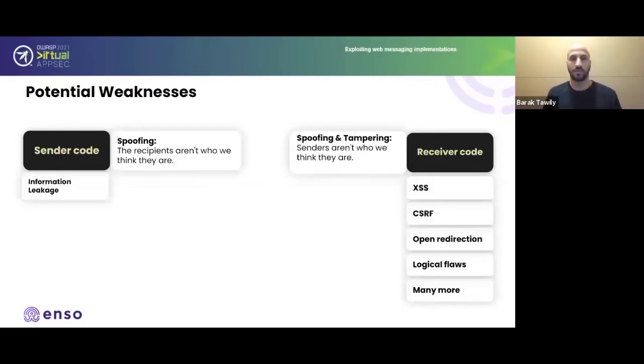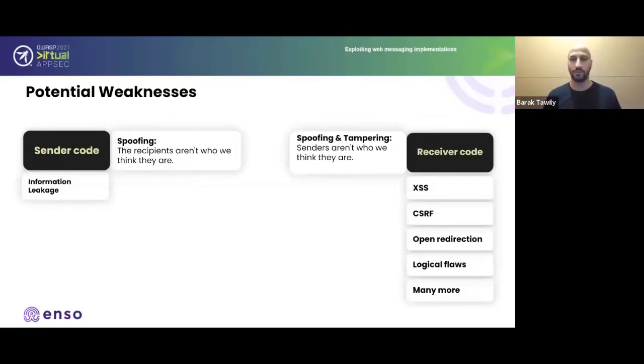So the sender code might use a wildcard or might implement the target origin insecurely, and then it might send messages to recipients that weren't meant to get them, which could be potentially malicious. It might cause sensitive information leakage.